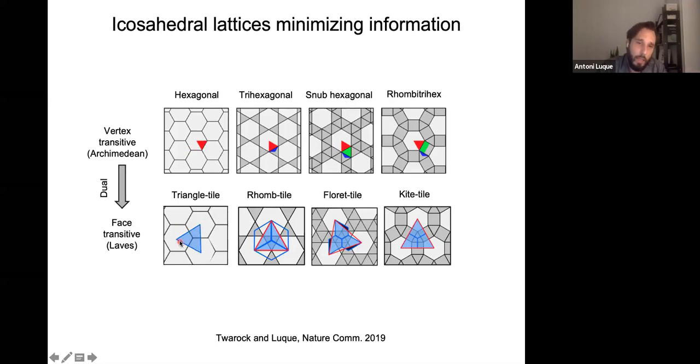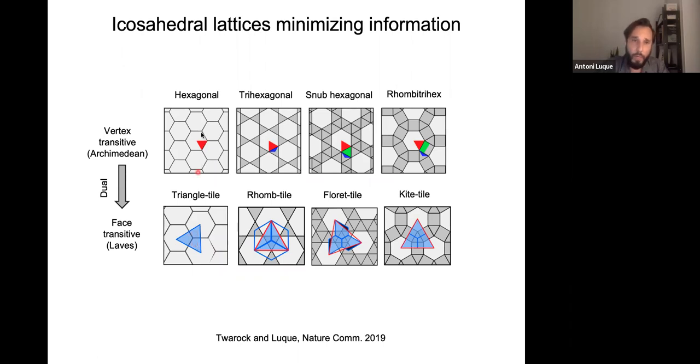And these tiles, as Jim was saying before, are going to be covering your 2D space. Now, in each of these lattices, you're going to get a different tile. What is interesting from a viral point of view is that these tiles are unique. So for each lattice, you have just one tile, which means that if you have a major capsid protein, maybe a few of them put together to form this tile, that's all you need to be able to recover all the possible constructions.